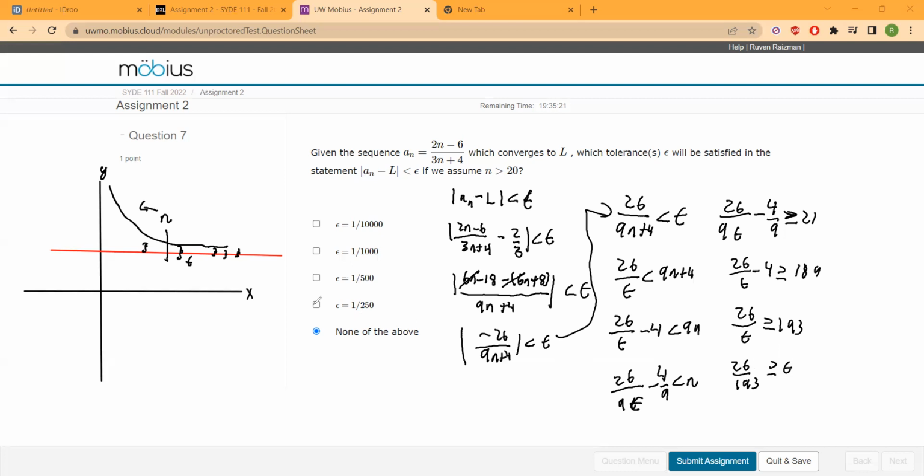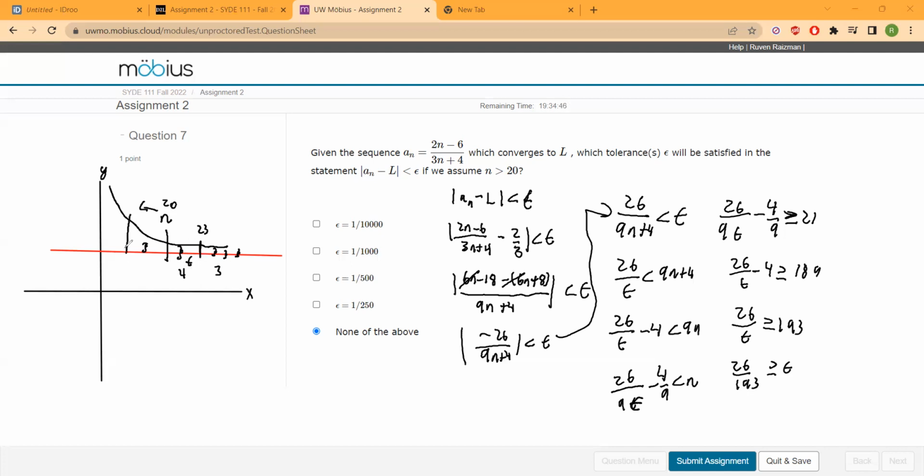again, let's say that this is 20. We get some epsilon for it, which has this range. And what we want is which tolerances will be satisfied in the statement. So if the difference between these two, for instance, is 4, then a tolerance of 3 would not be satisfied if n was, for instance, 23, because it's smaller, so it doesn't satisfy this tolerance of 4.